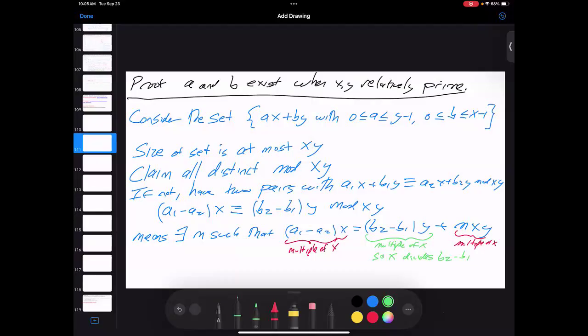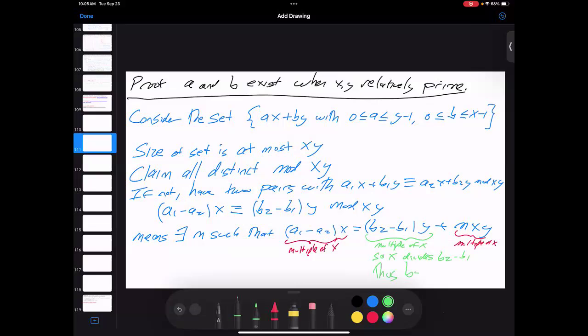There is a choice of b2 minus b1 that's a multiple of x. What's the only choice? Zero. Right? That's the only way it can be a multiple of x. The only way it can be a multiple of x is if b2 minus b1 is 0, which means b2 equals b1.